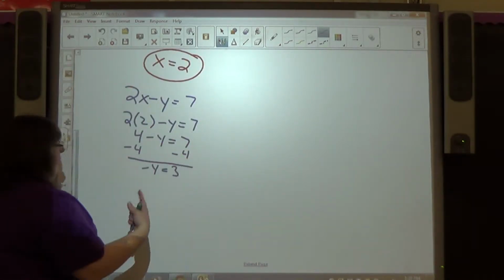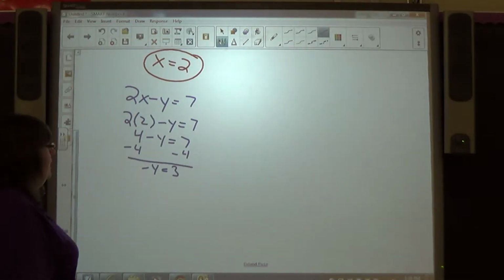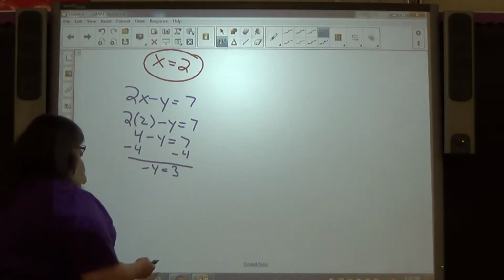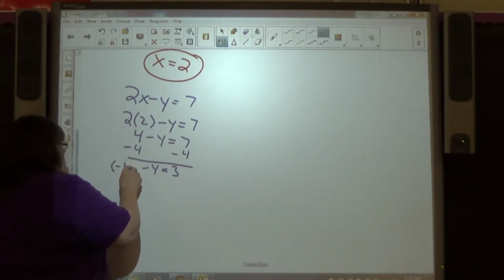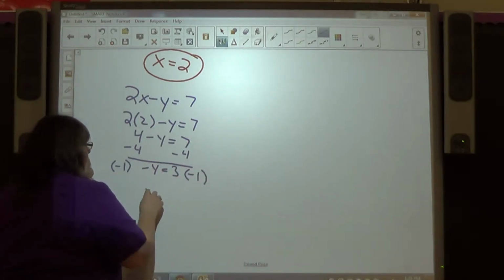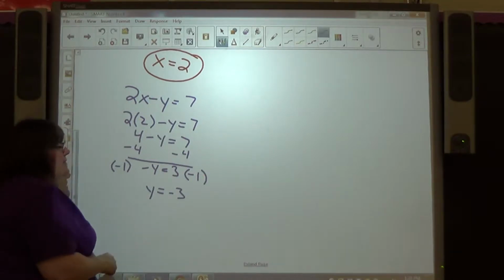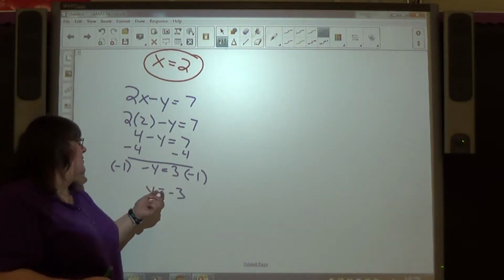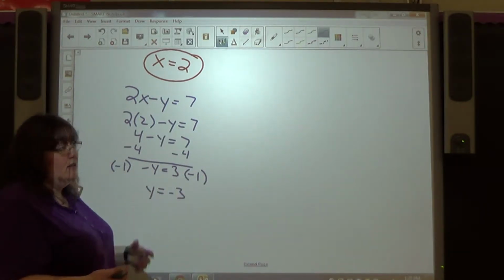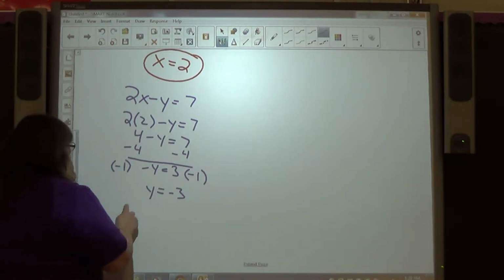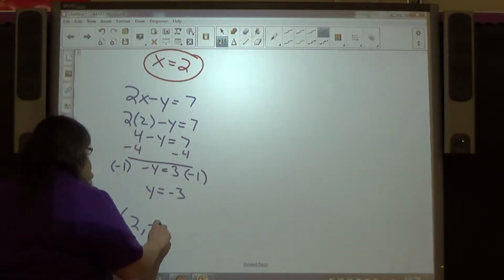Now, I have a negative y. I need a positive y. A couple of ways we can do this. We can multiply by negative 1. That'll change my signs. Okay? Or you can just say, okay, I've got negative y, positive 3, change this sign, I change that sign. Done. Okay? So my coordinate is 2, comma, negative 3.